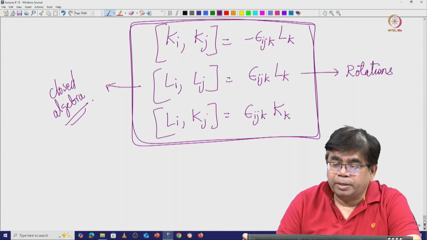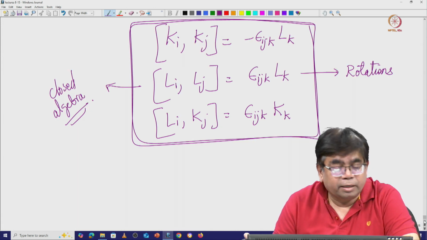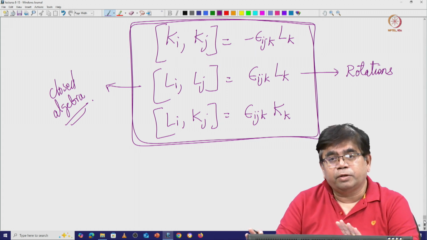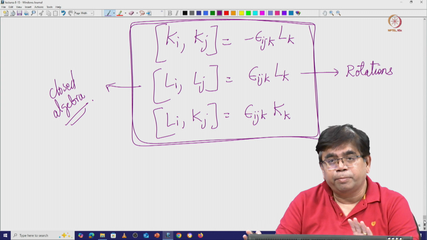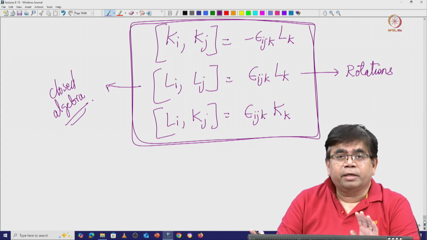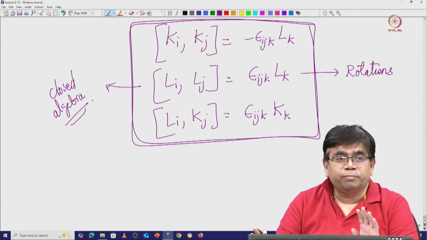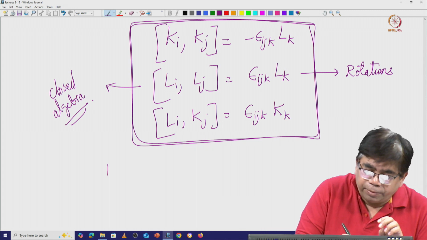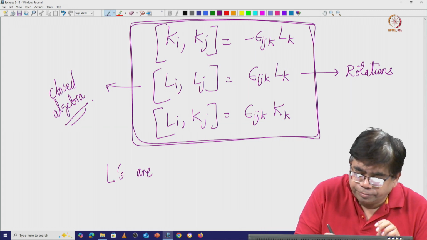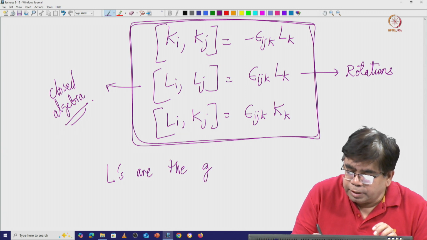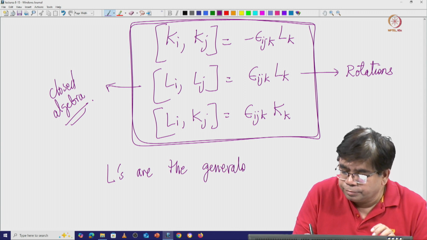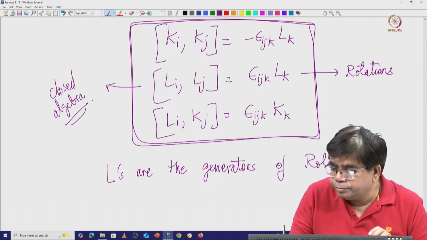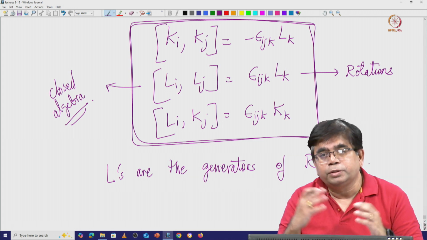So we have set up the main thing, how to write down the generators of the Lorentz group, and as promised, we have written them in terms of generators of boosts and rotations. Which is very nice. So the L's are generators of rotations, and they form a closed algebra.